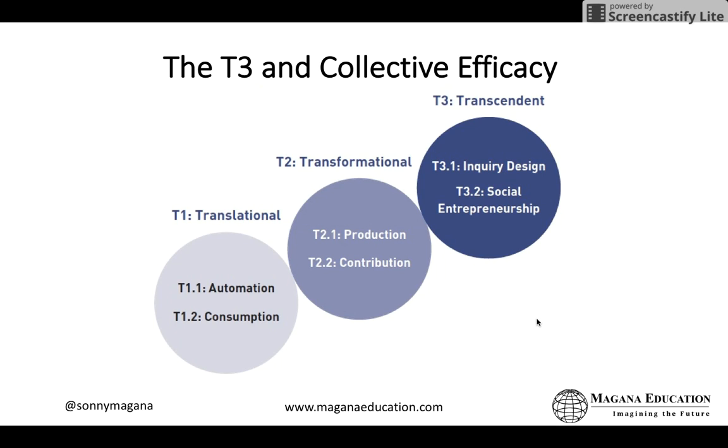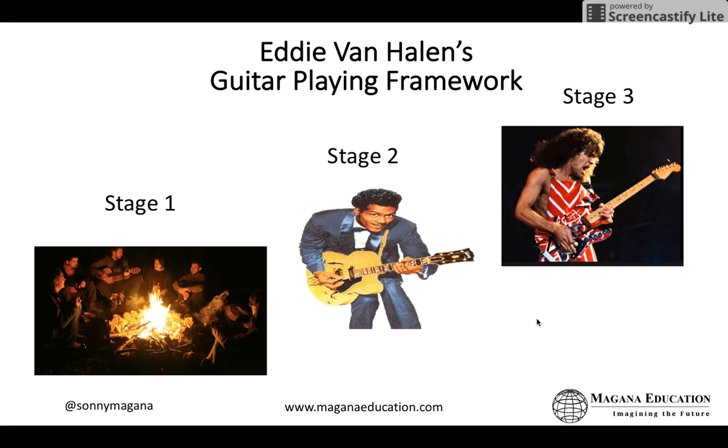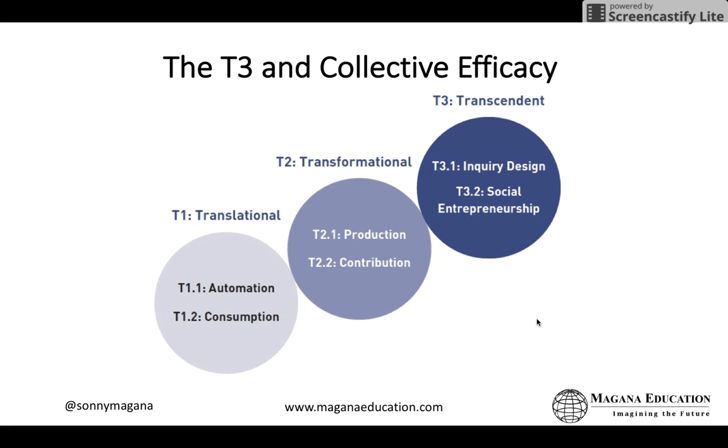The strategies and resources in the T2 and T3 phases, transformational and transcendent technology use, have increases of student achievement upwards of 2, 3, or more years of academic gain in a single year. So why just sit around the campfire? Learn to teach like Chuck Berry plays guitar, and then you can develop your own innovative approaches to using technologies for you and your students.